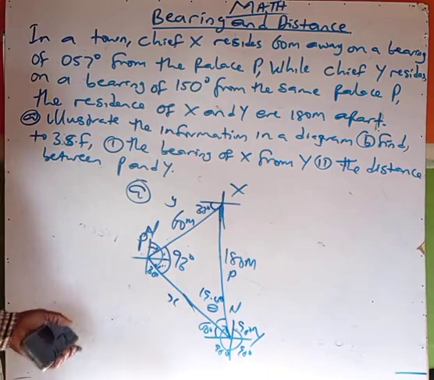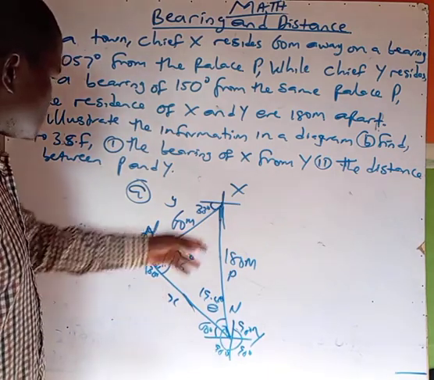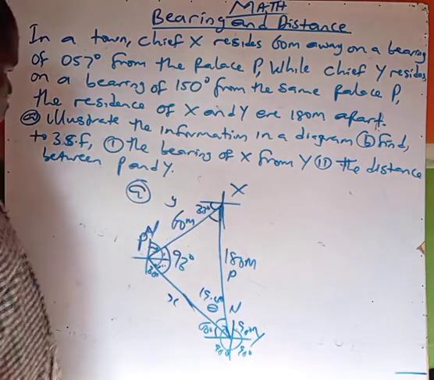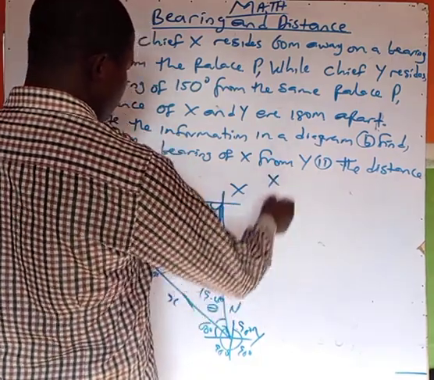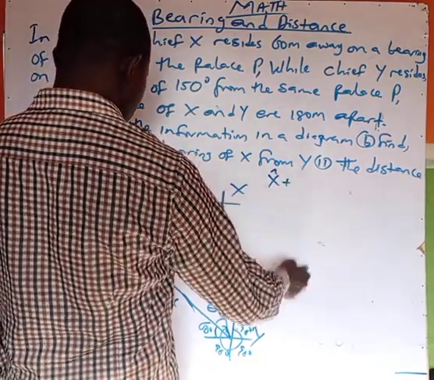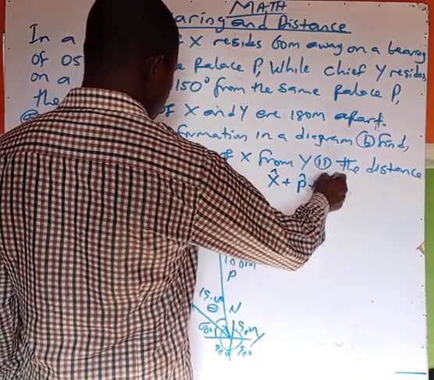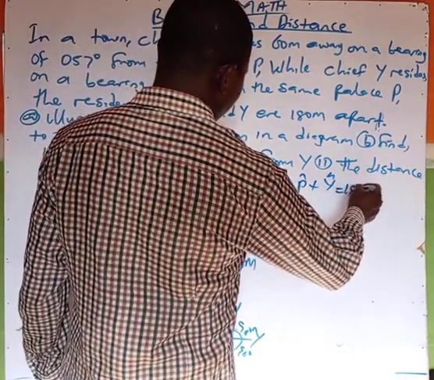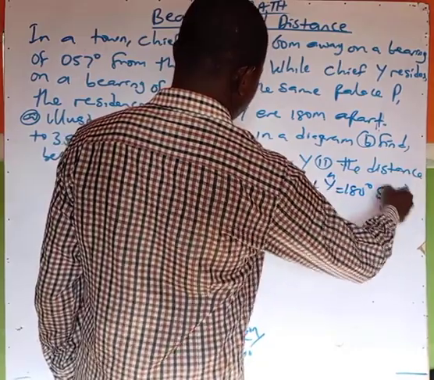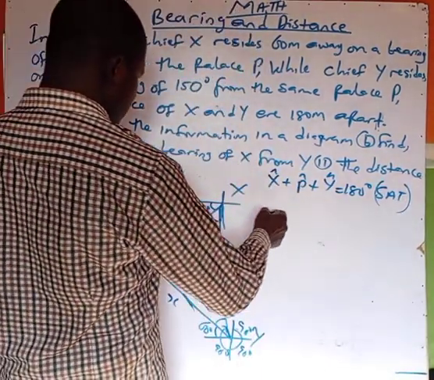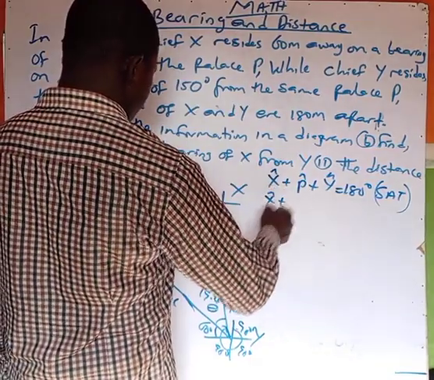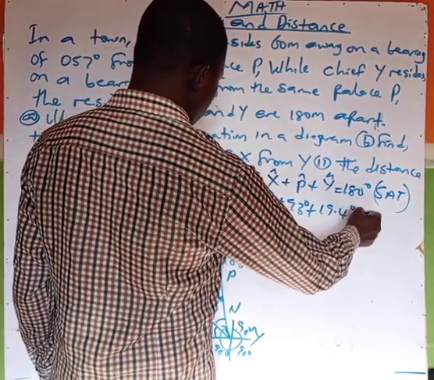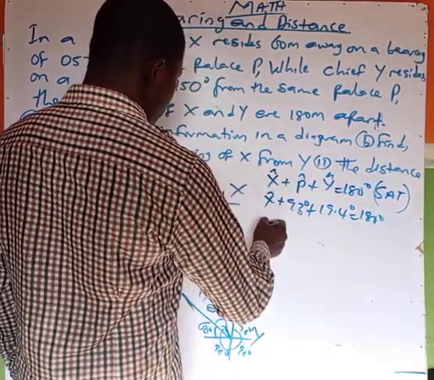Now, again, you can calculate the value of this angle here. If you want to calculate it, you know the sum of angles in a triangle, which is angle x plus angle P plus angle Y equal to 180 degrees. So this is unknown plus 93 degrees plus 19.4 degrees equal to 180 degrees.